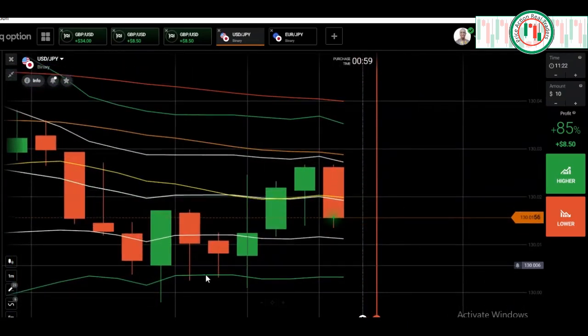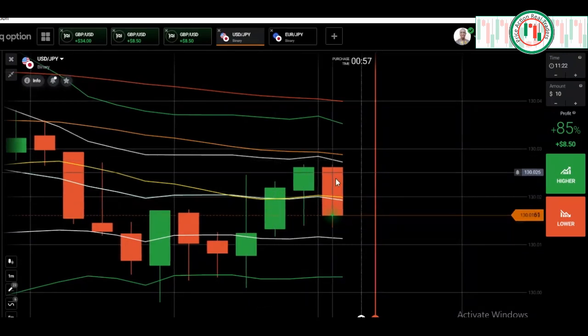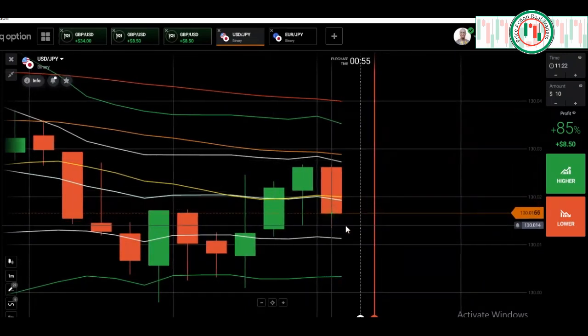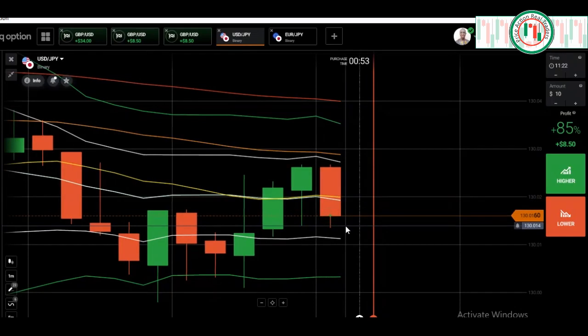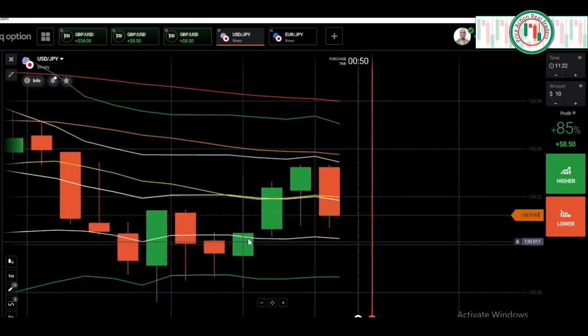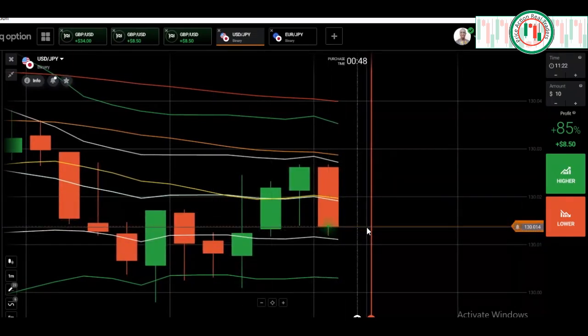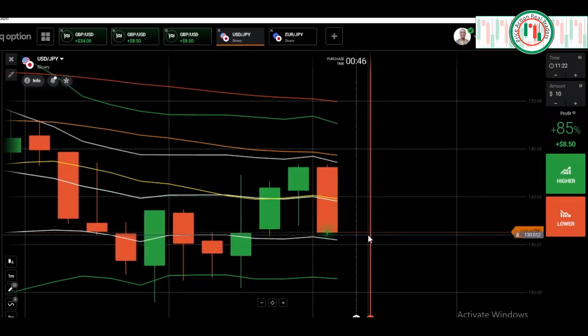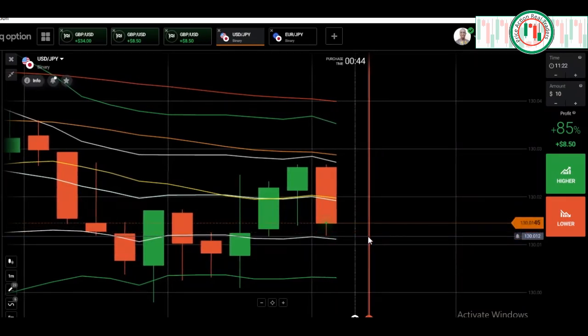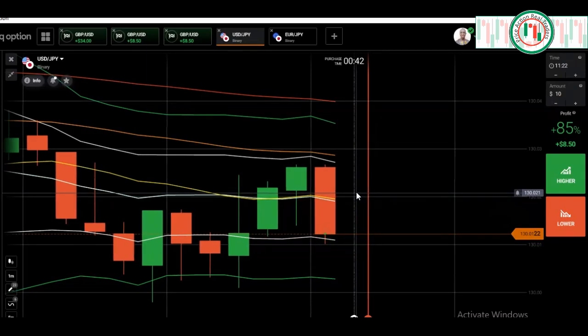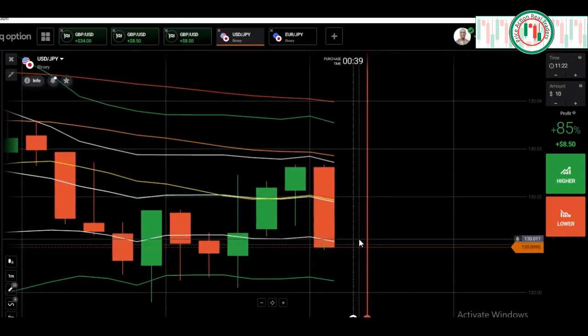Yes, I will wait. You see engulfing. Then here is another engulfing. This is the zone. Yes, you see rejection.